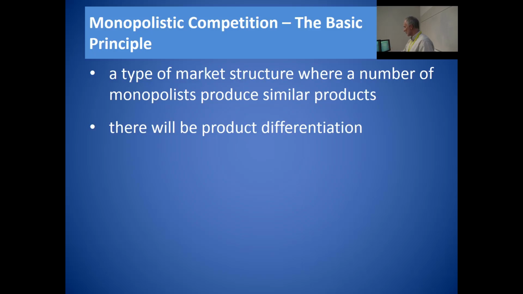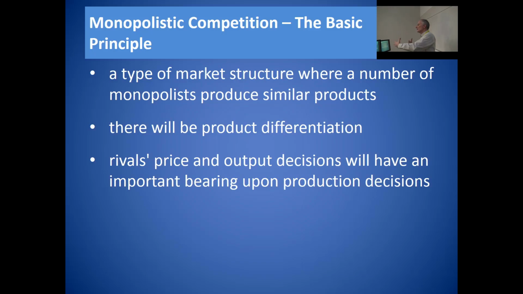And monopolistic competition will have aspects of both competitive markets and monopolised markets. And probably a very good example of a monopolistically competitive market is the soft drinks industry. There is only one firm who produces Coca-Cola. There is only one firm who produces Pepsi-Cola.